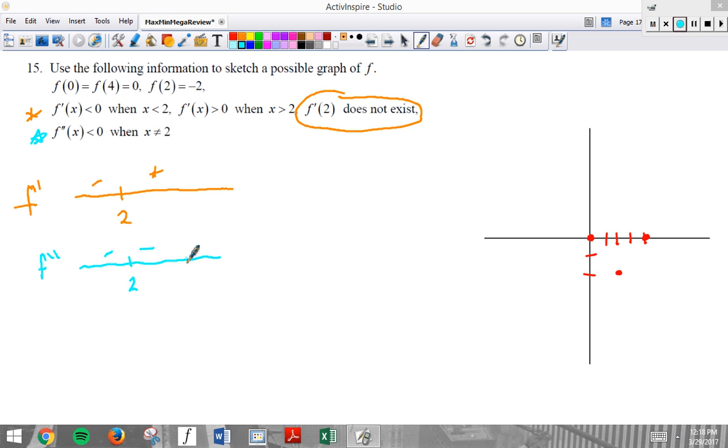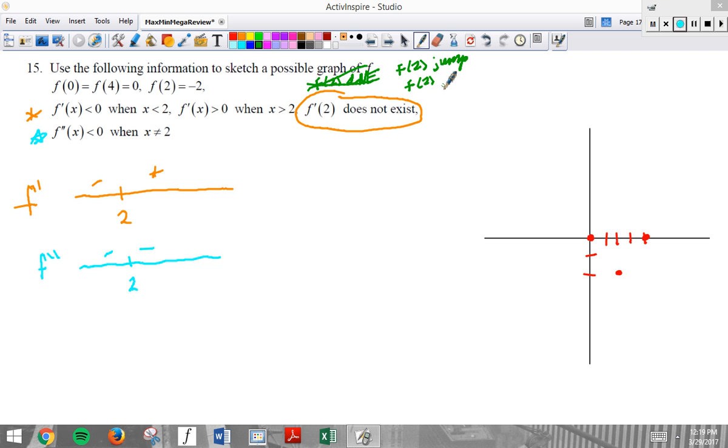Okay, so what kind of things would make the derivative fail to exist? A bunch of things. Maybe f of 2 does not exist. But no, f of 2 is a number. So maybe f of 2 is a jump. That be possible.